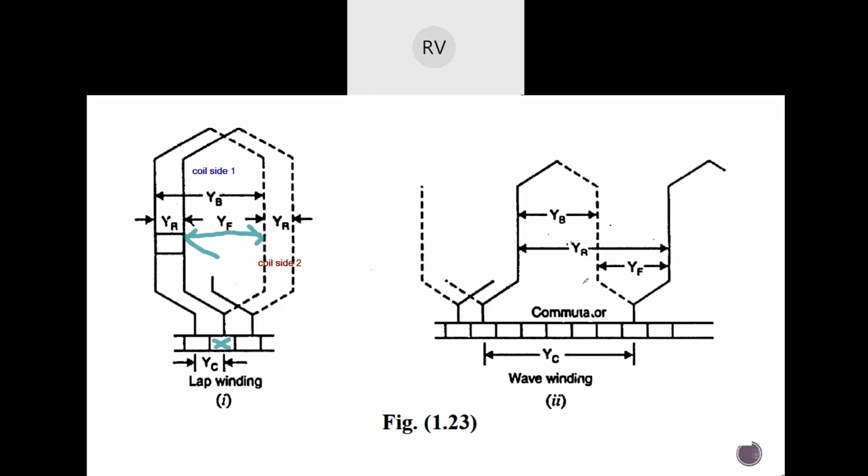Similar to that, in the case of wave winding also, if you can see here, in the same manner we can label this one as coil side 1, and this one as coil side 2, and those two are being connected to a single commutator segment.